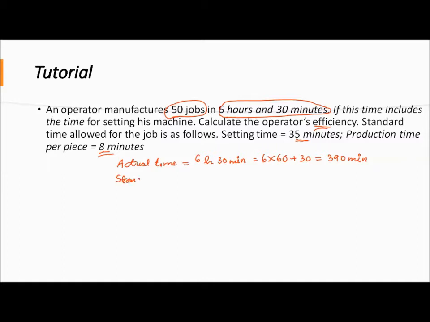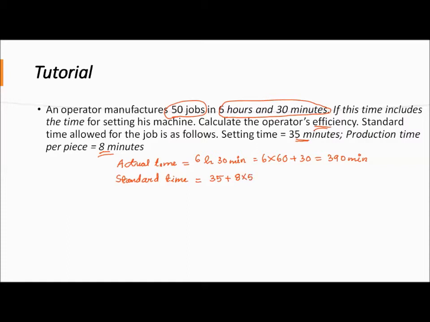The standard time is the sum of what is given here: the setting time plus production time. So setting time is 35 minutes and the production time per piece is given. So you have a total of 50 pieces.